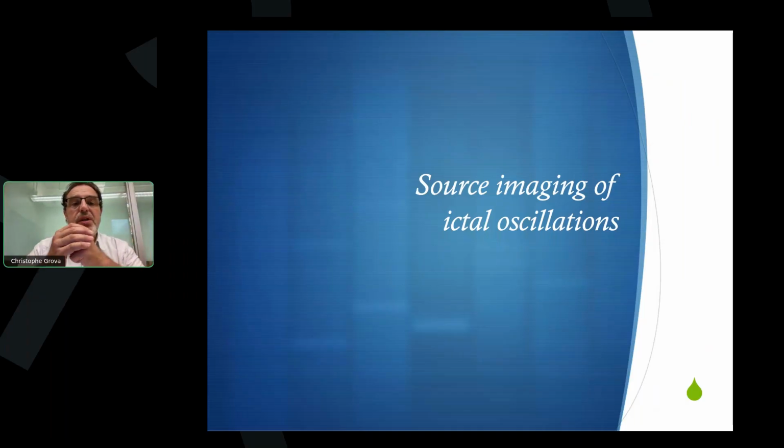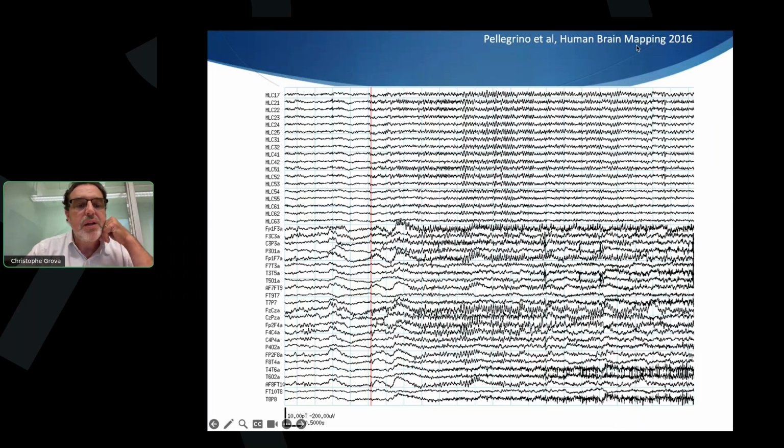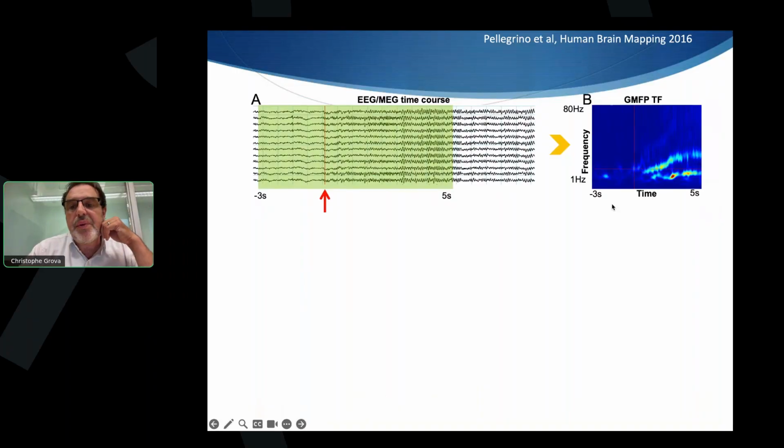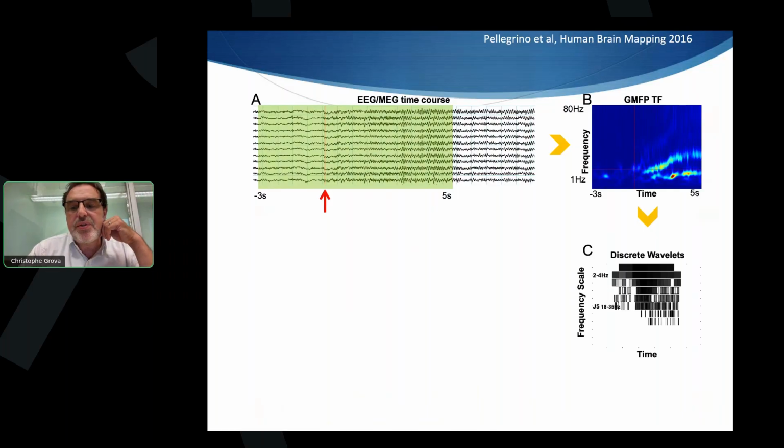So in the first part, I showed you that with standard MEM, we localize the spike quite accurately with their spatial extent. Now I'm going to show you that we can localize oscillations. So, ictal oscillation: this is an old paper that we did in 2016 with Giovanni Pellegrino. You have an example of a seizure here recorded in MEG and EEG. We identify the beginning of the seizure. We first look at the standard time frequency domain to find out the main frequencies that were present there. And then we went to this discrete space.